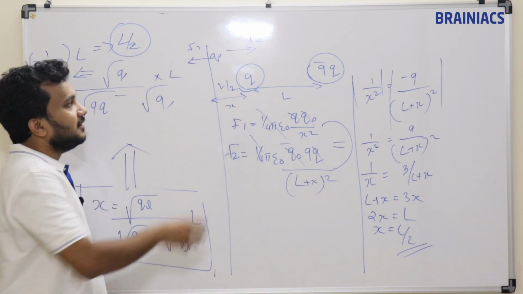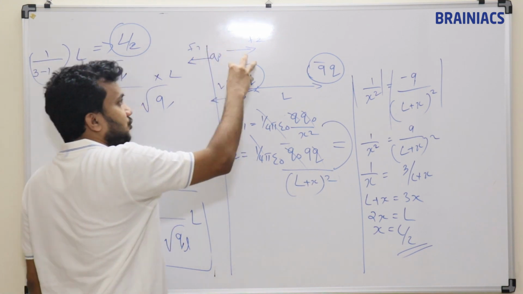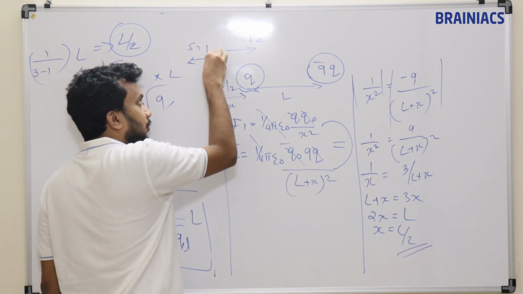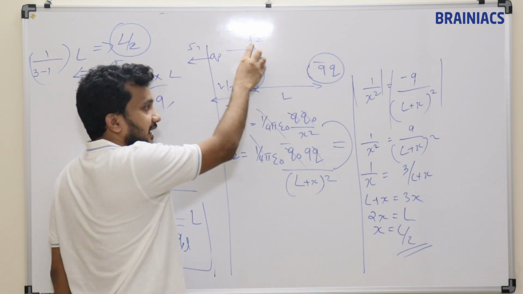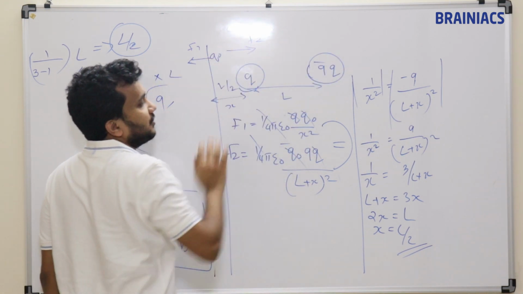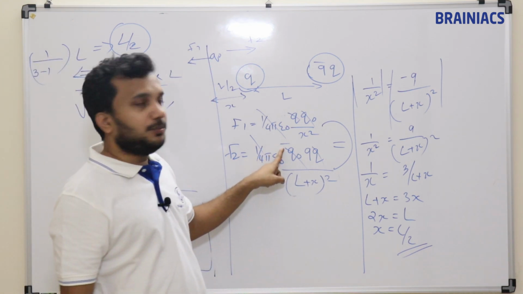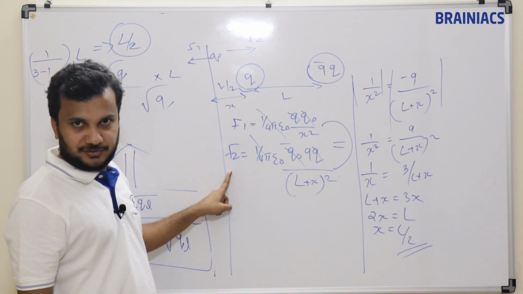Normal method in the sense we find the force on Q0 because of Q, that is called F1. We find the force on Q0 because of minus 9Q, that is called F2. So we know the two forces are equal, and we can equate these two forces. Here you don't want to put a negative also, because negative indicates the forces are in opposite direction.